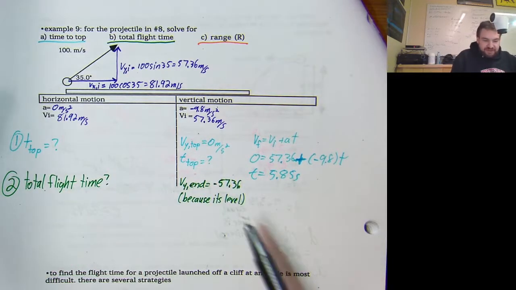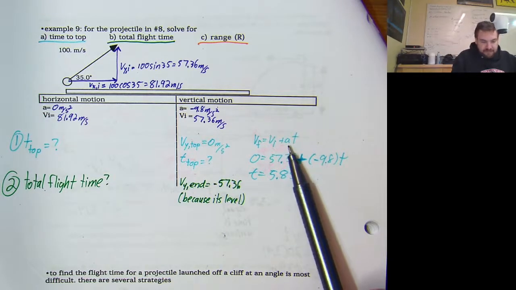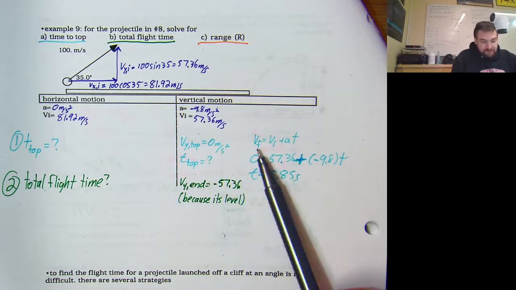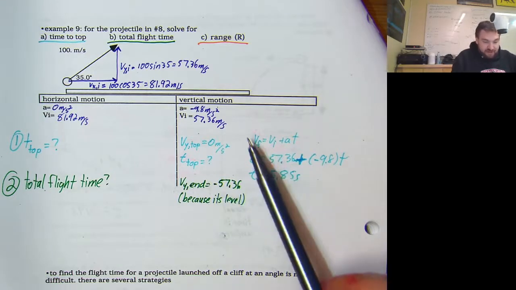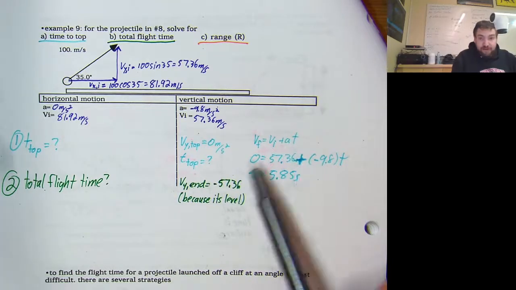Okay, so we could set this up two different ways. We could use VF equals VI plus AT, plugging in our negative 57.36. Our VI would be positive 57.36, and our acceleration is negative 9.8. We could find it that way.